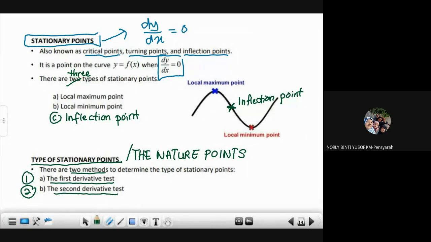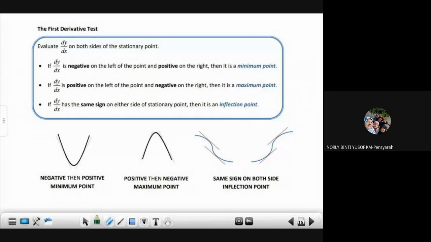Tapi untuk matrix kita akan ada 2 test, dan 2 test ni memang akan ada dalam tutorial dan juga assignment. Okay, so ingat 2 step. So Madam tekankan dulu hari ni untuk first derivative test. Kita cerita dulu untuk first derivative test yang kita tak jumpa lah for those yang ambil math.